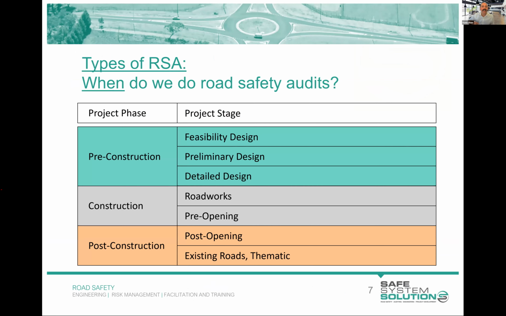we talked about these different stages of audit, okay? So these are the stages within a project. So the construction, your road upgrade project or whatever it is, they come up with this high-level idea of it. You do that feasibility design audit at that stage. They put a bit more meat on the design.